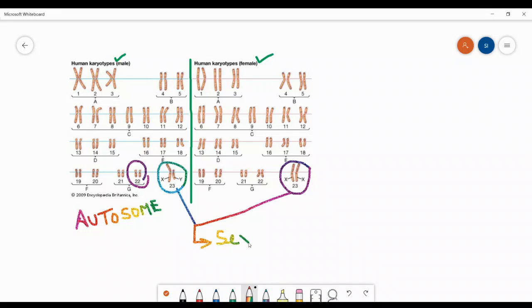All the codes pertaining to the rest of the body are contained in the autosomes, whereas the sex determination is contained in these sex chromosomes.